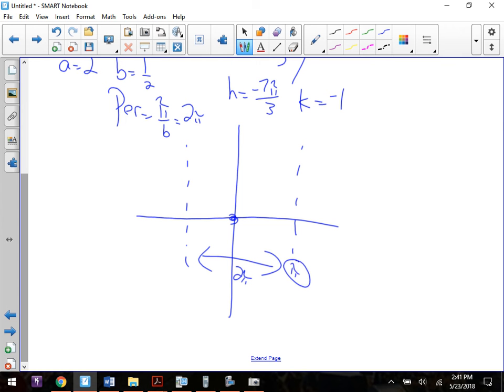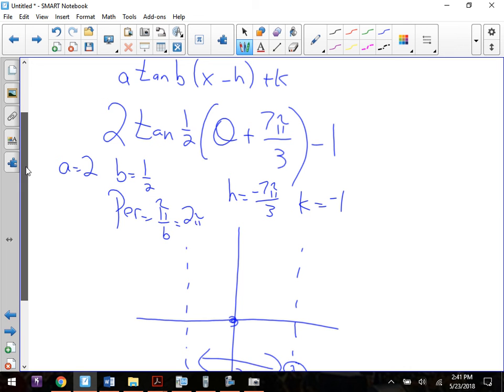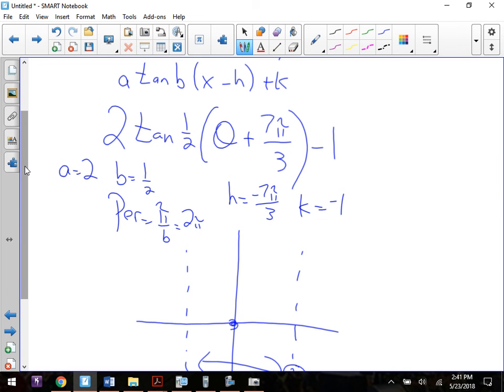Pi and negative pi, and so on and so on. What's the period of sine or cosine then? Two pi over B.